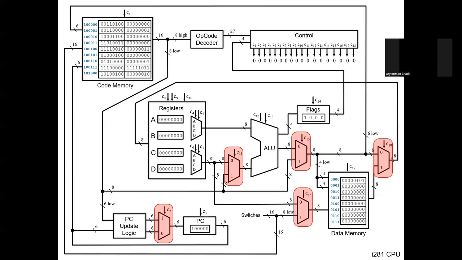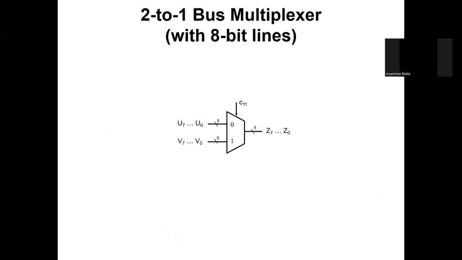C18 controls whether this output which you're sending to the register file, whether you want that to come from the output of the ALU itself or you want it to come from the data memory. C16 controls whether you want the user to be able to input to the data memory right now or you want to pull the output from the register file. Yeah, that's basically the purpose of all the multiplexers.